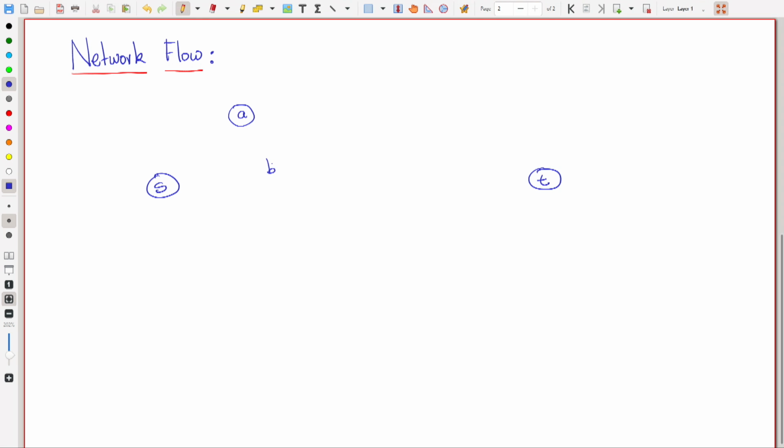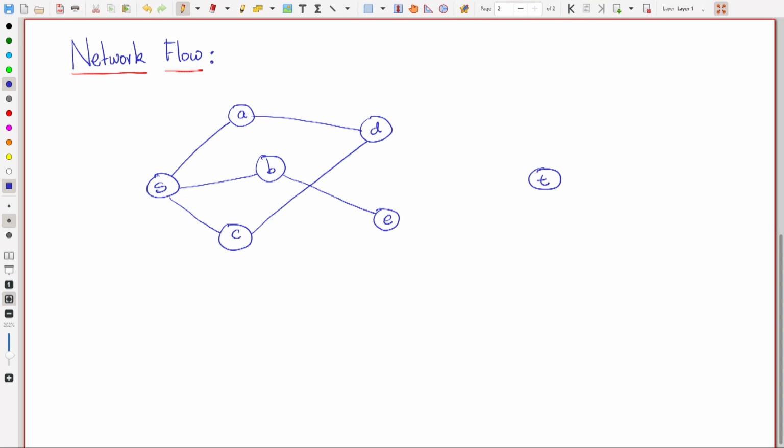Let us just call them A, B, C, D, E. So in this case I have 5 nodes in between, and we have arcs joining these nodes. And these arcs you can think of as transportation routes.